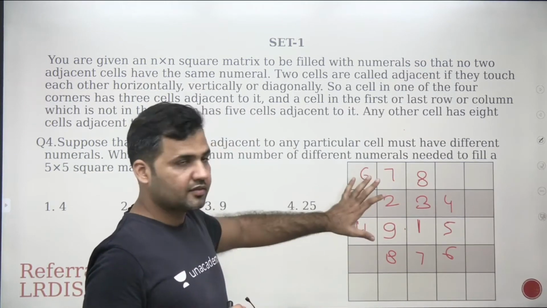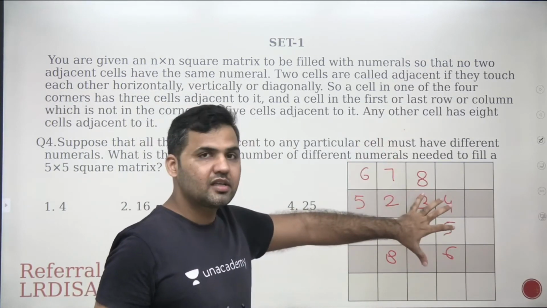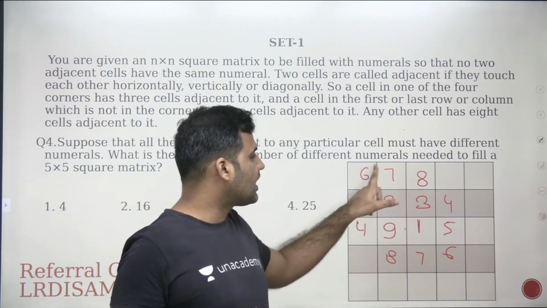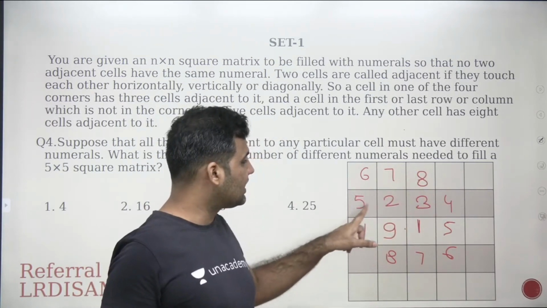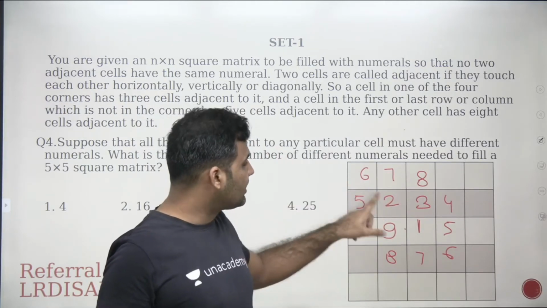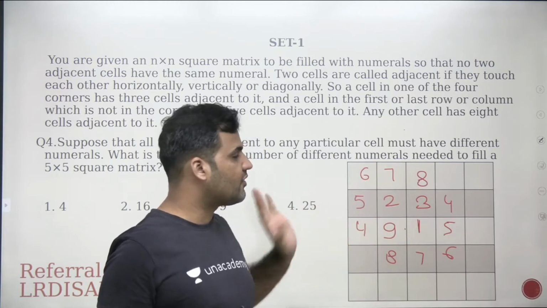That means the same digits used around 1 can also be used surrounding the cells of 2, where this condition is satisfied. All the cells adjacent to these cells have different numbers.